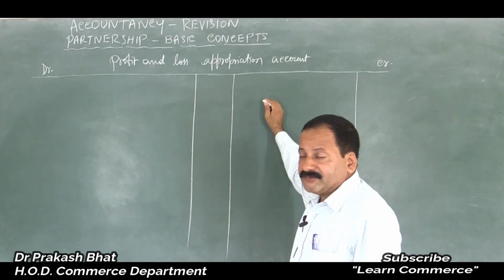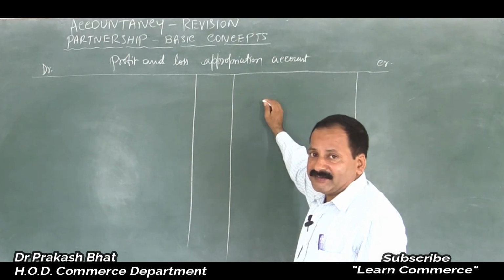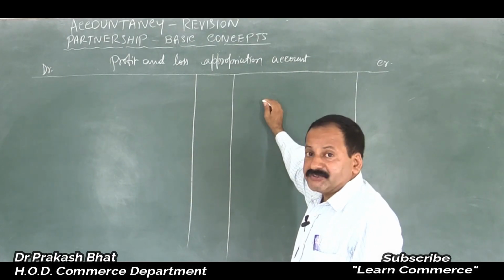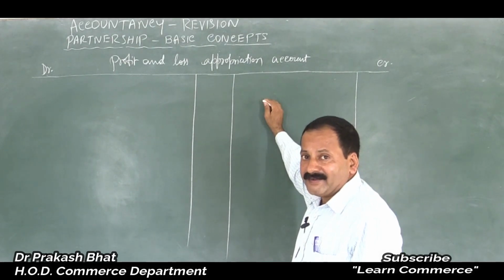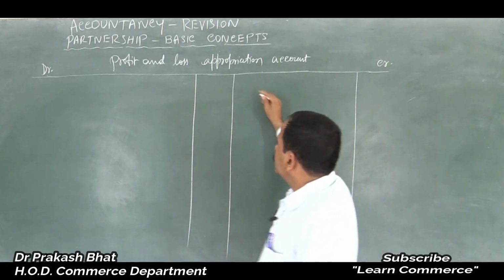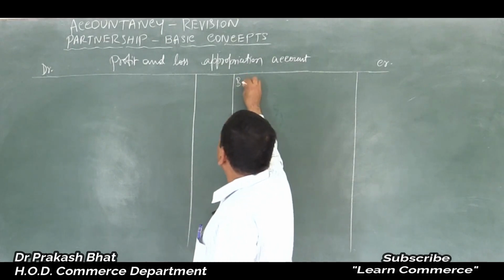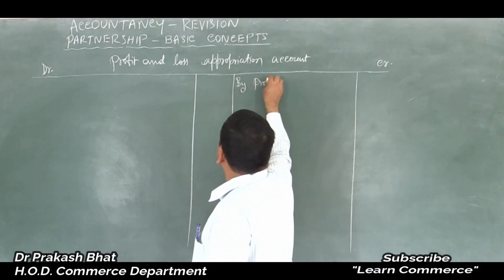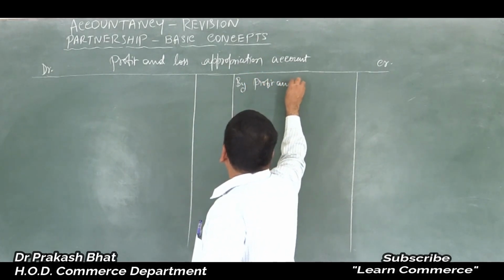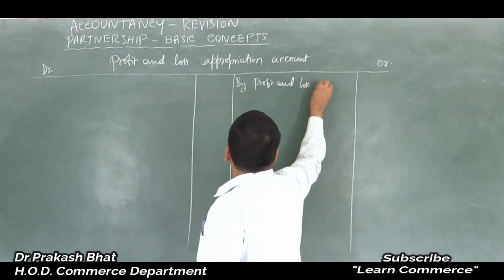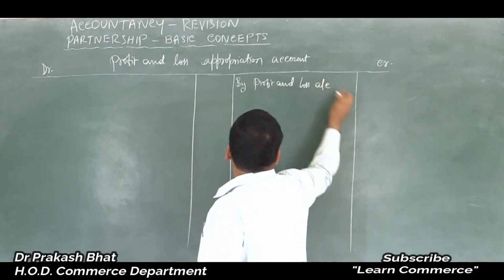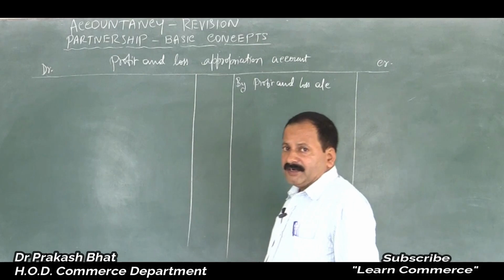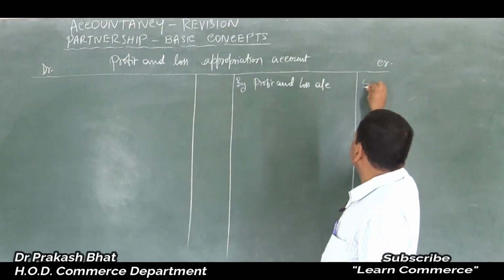Whatever net profit you derive after preparing the profit and loss account will be transferred to the profit and loss appropriation account, right? So you will start it with "By profit and loss account". Let us assume 50,000.